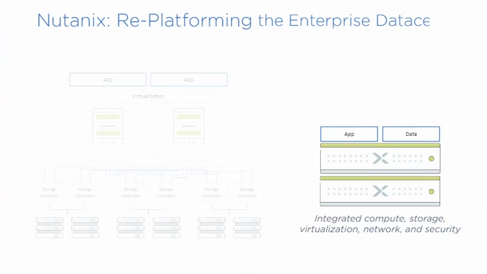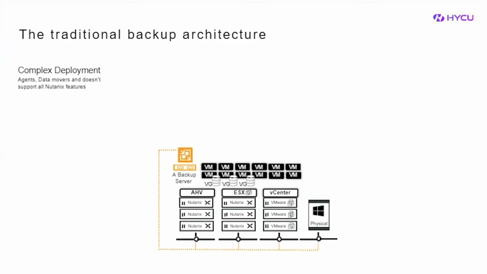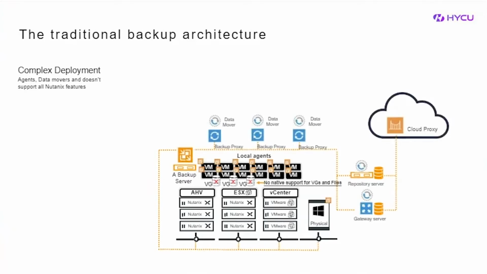Now, if you go next, let's talk about what is happening in the data protection space. Today, in most customer infrastructure, if you look at the traditional backup architecture, you have this beautiful modular infrastructure running production, but when it comes to backup, they actually have an extremely complex deployment.